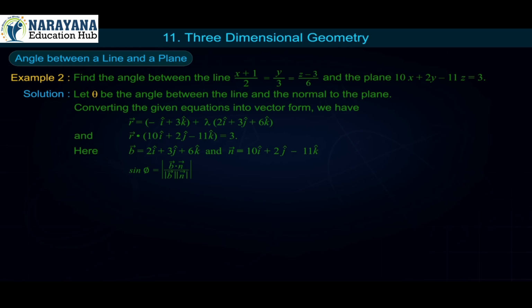Sin φ = modulus of vector b · vector n upon modulus of vector b into modulus of vector n.